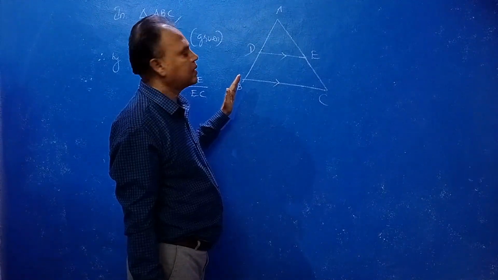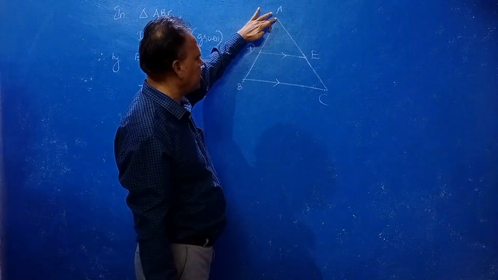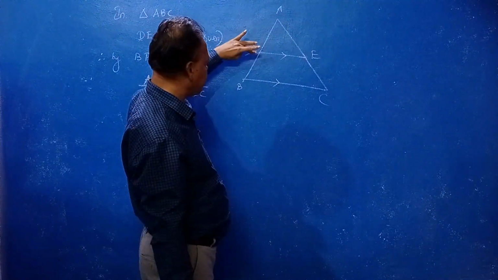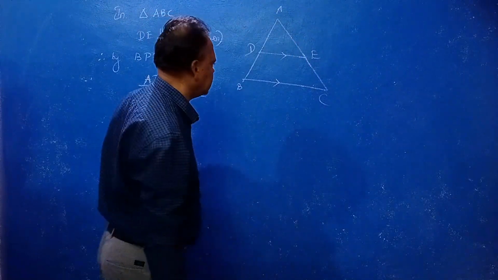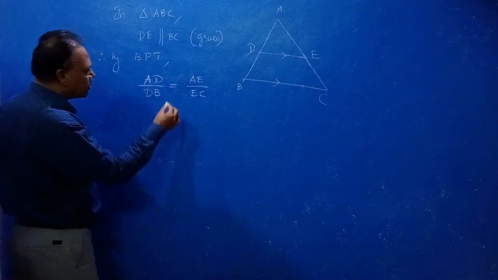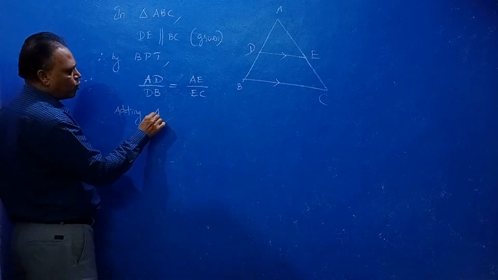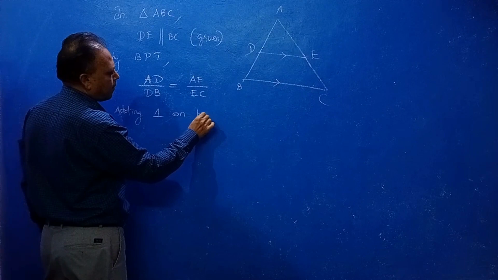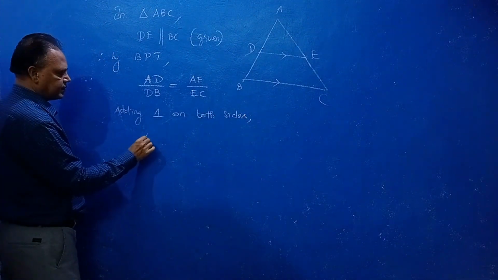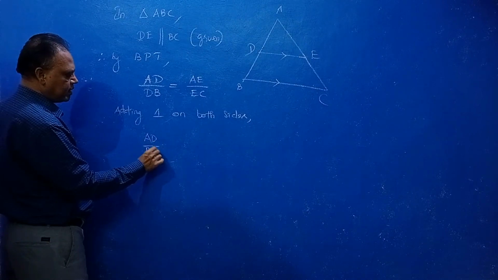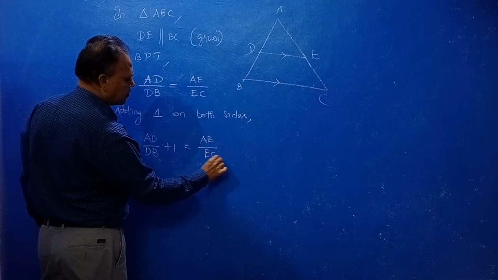Clear? The same way, take the right side also. Suppose you take AD by DB on the left, the same way take AE by EC on the right. Now just add one on both sides. What you will get? AD by DB plus 1 equal to AE by EC plus 1.